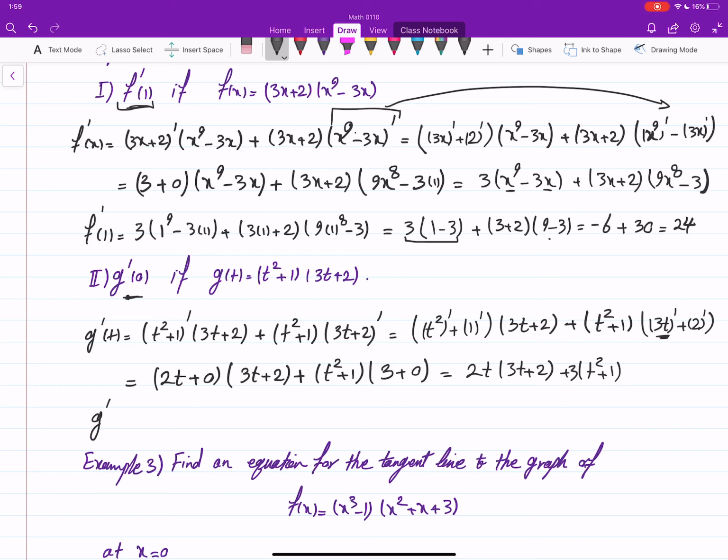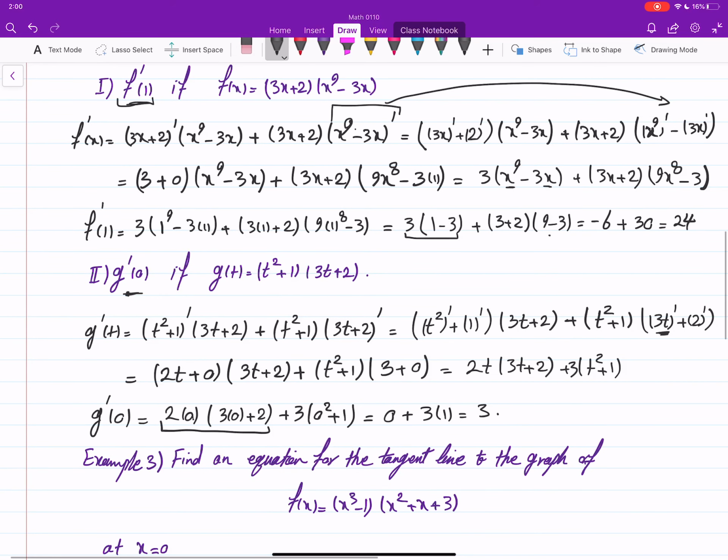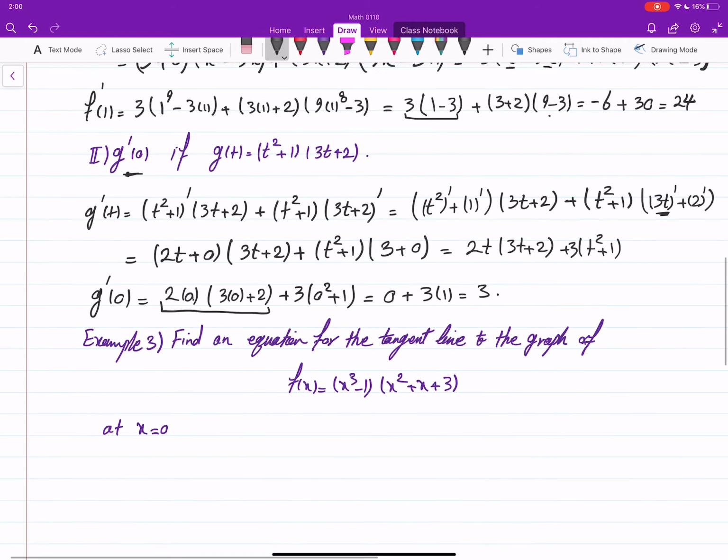Now we have to evaluate this function at t equal to 0. So this will be 2 times 0 times 3 times 0 plus 2, plus 3 times 0 squared plus 1. The first piece is multiplied by 0, so it will be 0 plus 3 times 1, which is just 3.